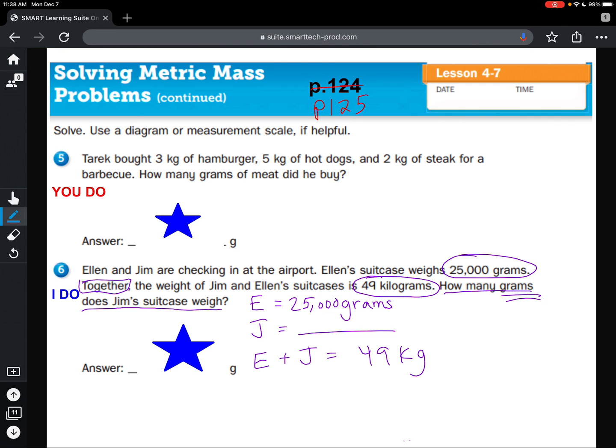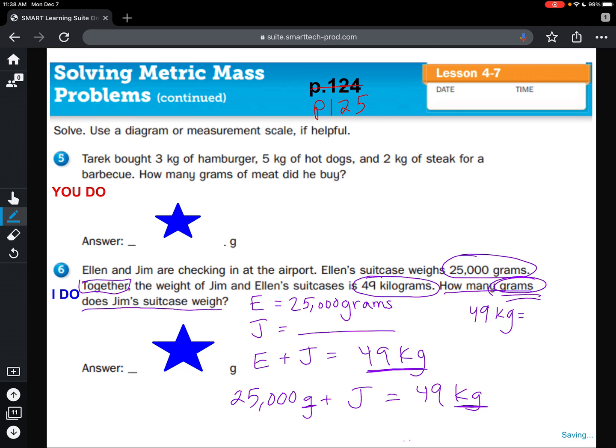So I'm going to have to do some converting. I know that Ellen's 25,000 grams plus Jim's gives me 49 kilograms. My units here are different. The answer wants it to be in grams, so I need to convert my 49 kilograms to grams.